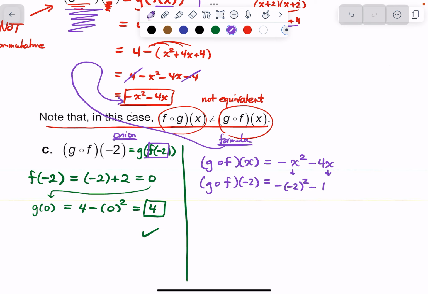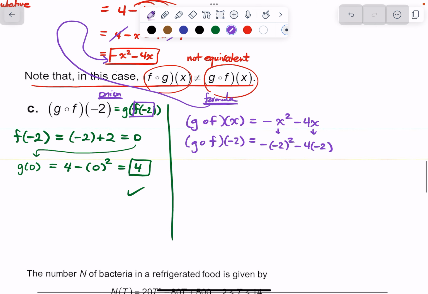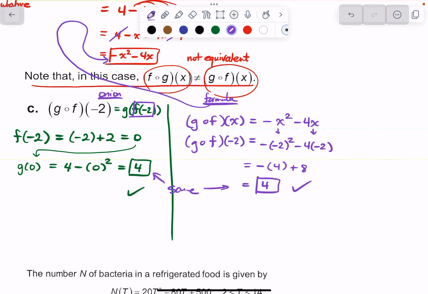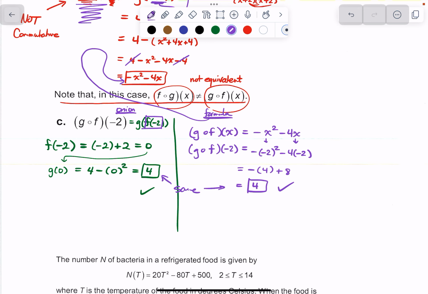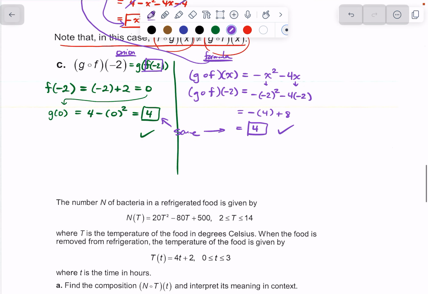Make sure you put parentheses when you plug in numbers, always. So this becomes positive 4, and then we get plus 8. And guess what answer we get? 4. Same answer. And you should get the same answer. Even though they're slightly different techniques, they should agree with each other. Math is consistent, no matter what angle you look at it.